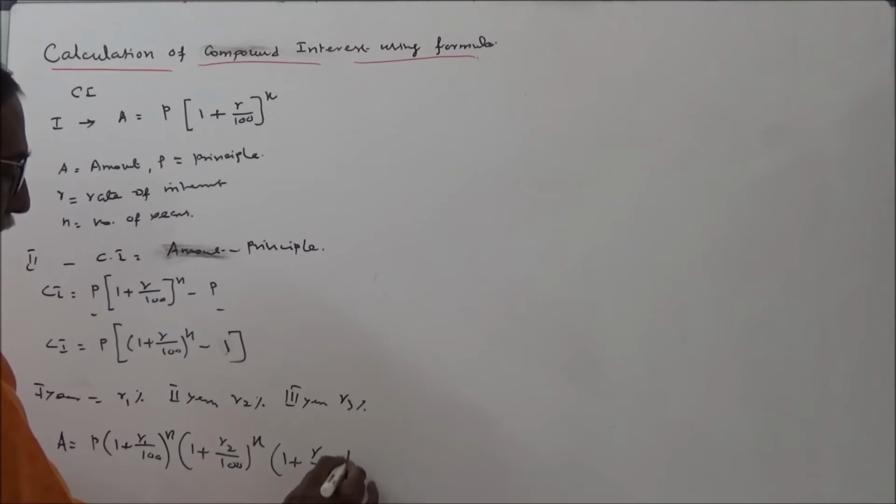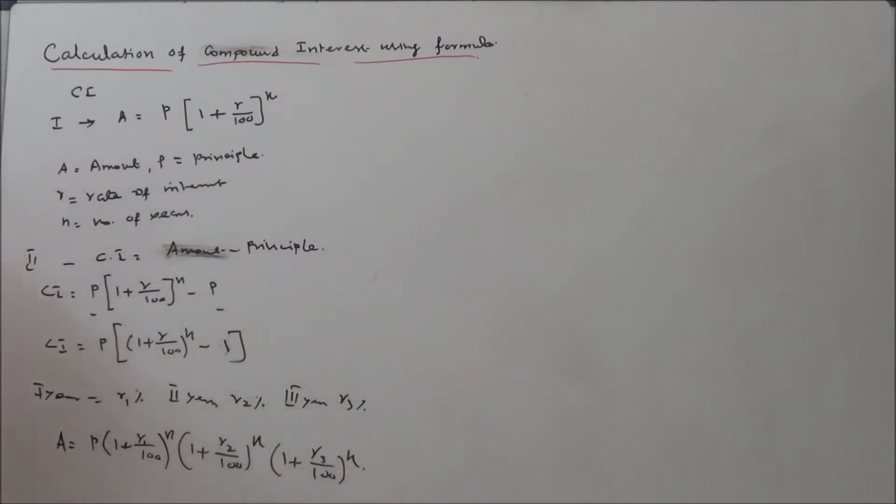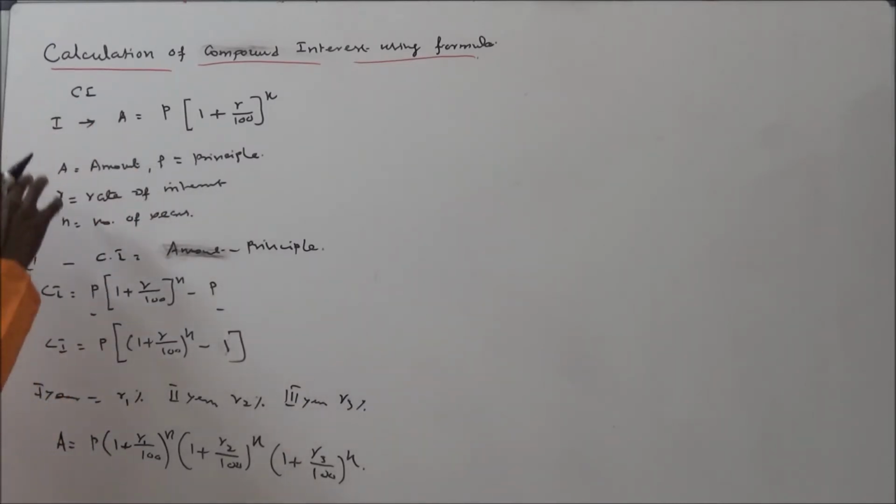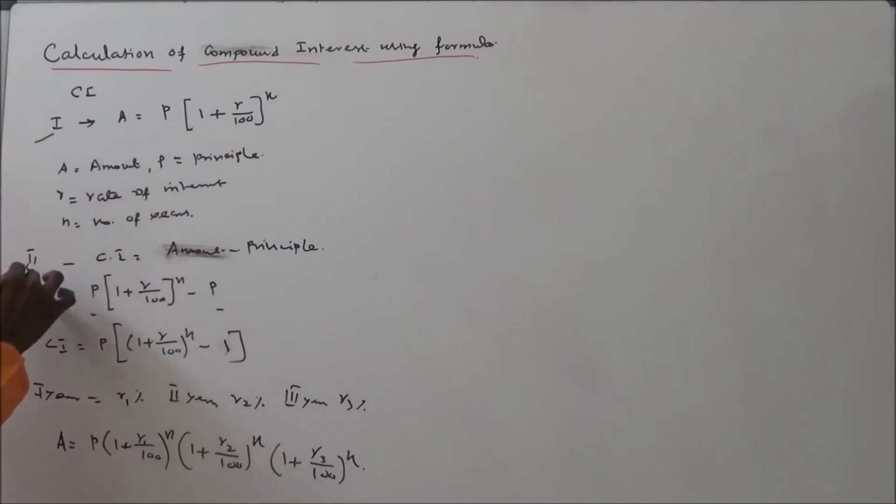This is for 3 years. If it is for 4 years, then we also multiply by (1 plus R4 by 100). Okay, so this is the second method, for different interest rates for the first year, second year and third year.